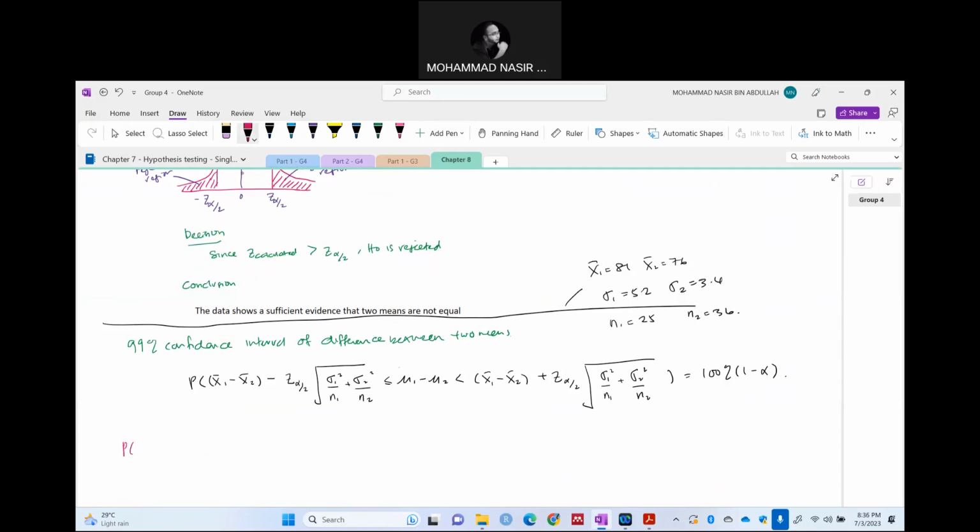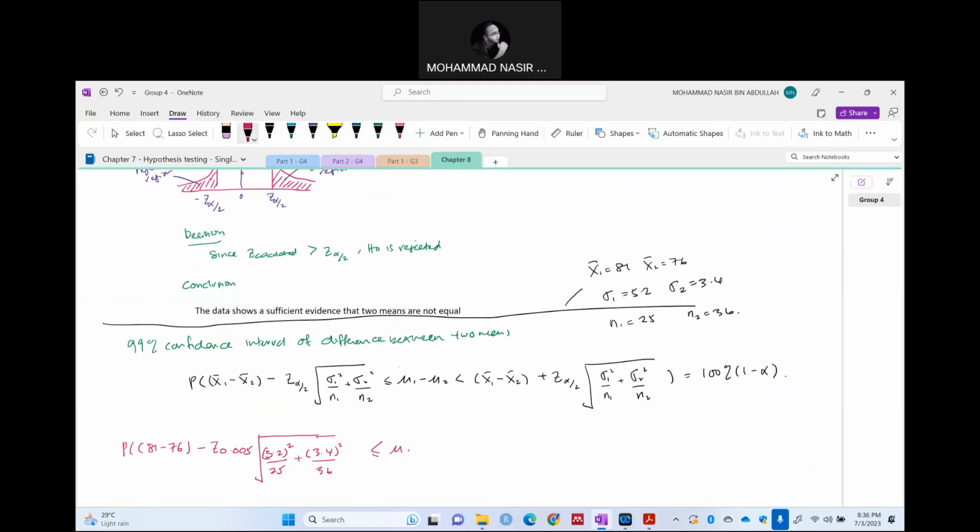X bar 1 minus x bar 2 should be 81 minus 76 minus z alpha 0.01 divided by 2, that is 0.005, multiplied by the square root of 5.2 square divided by 25 plus 3.4 square divided by 36. So this is the lower confidence limit, right?